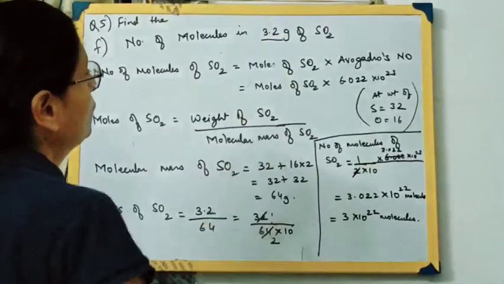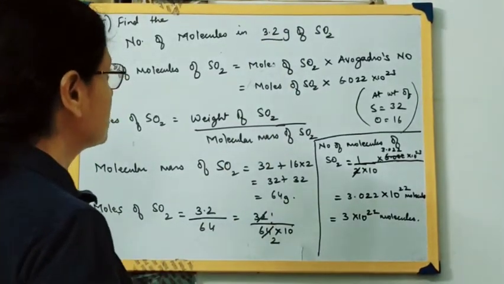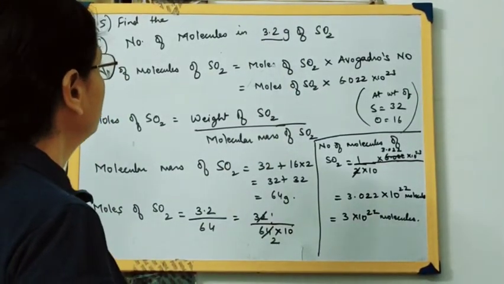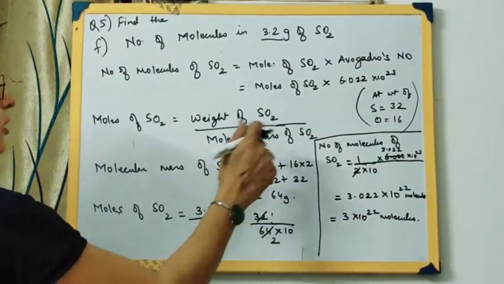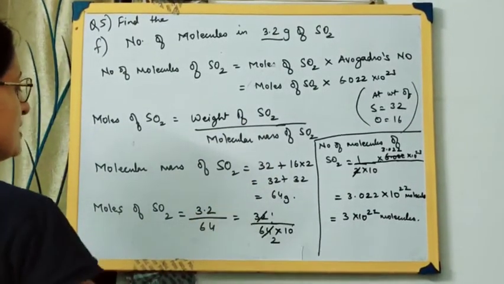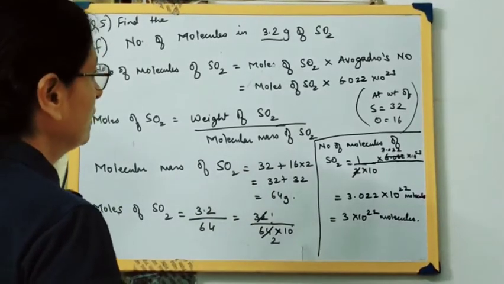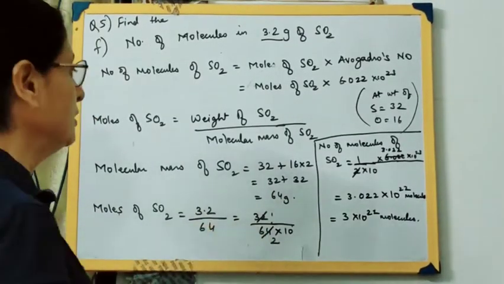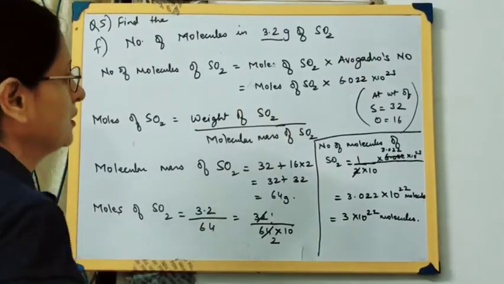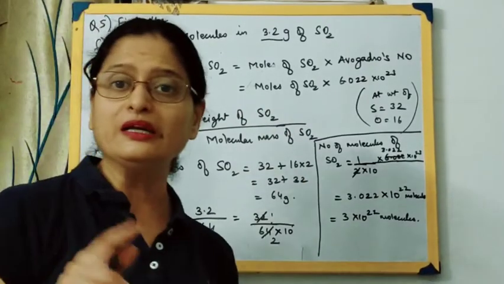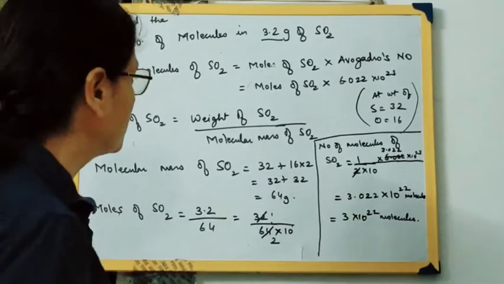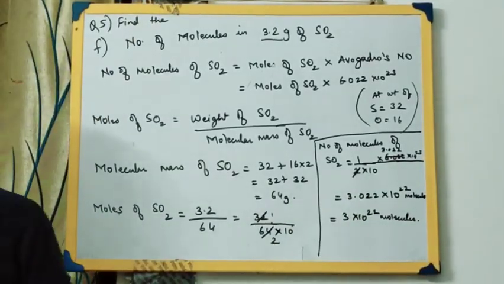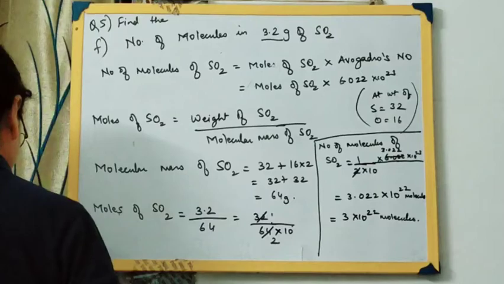Therefore, 3.2 grams will contain 6.022 into 10 to the power 23 into 3.2 upon the molecular mass, that is 64. Both ways are the same, the answers are near to each other, not exactly the same. If you are not clear, or if you find that method easier, you can solve it that way also. Let me show you by that method also.